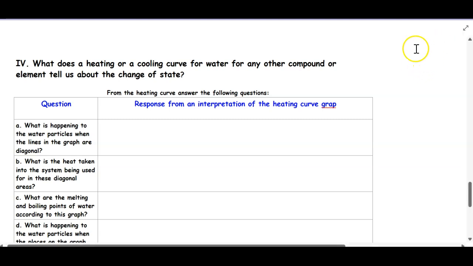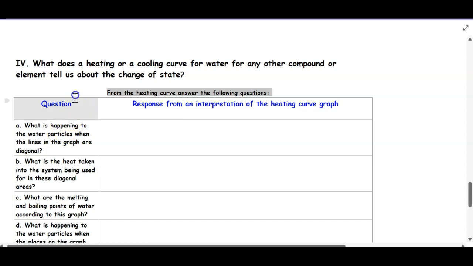All right, so from the heating curve, I want you to answer the following questions. The question, what is happening to the water particles? So now we're going down to the particle level, aren't we?